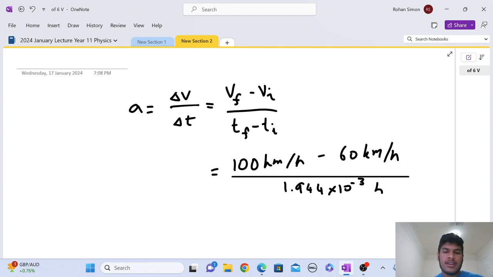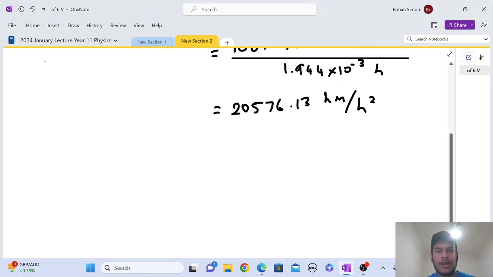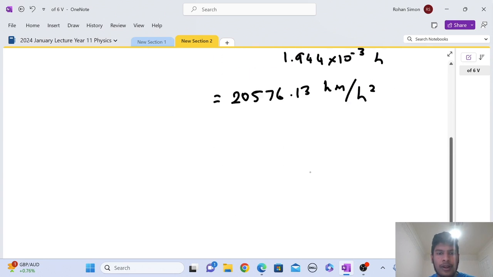If we put that into the calculator, 100 minus 60 is 40, divided by 1.944 times 10 to the minus 3 is 20576.13 kilometers per hour squared. Now, those are a bit of funny units. We'll be dealing with meters per second squared more often, but if we're dealing in kilometers per hour squared, that's the answer.